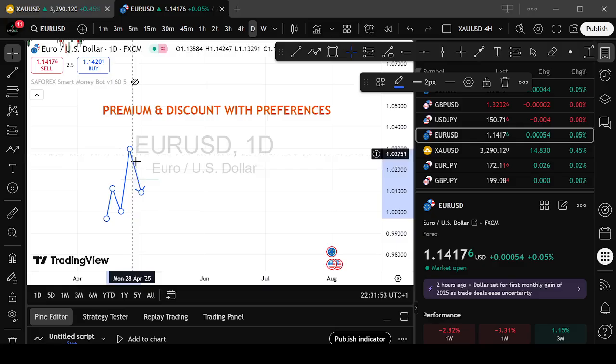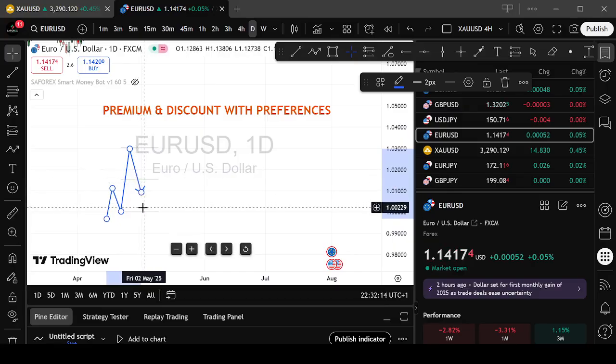We said again that above the 50% is called the premium. That is, the market is at the upside and I don't want to buy at that point. And below the 50% is what we call our discount, where we'll be looking for entries to buy.